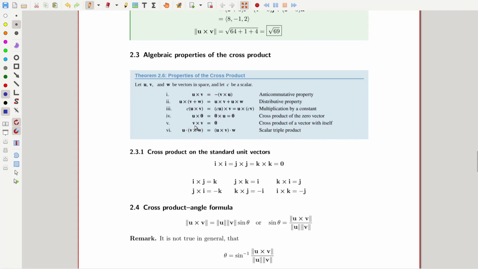Taking the cross product of any vector with itself results in the zero vector, okay. And the last one is weird. It almost looks like associativity, but notice that the operations actually change. This way of rewriting the parentheses, this regrouping, is like associativity, except you notice that the dot product has become a cross product over here. So it's not quite associativity.